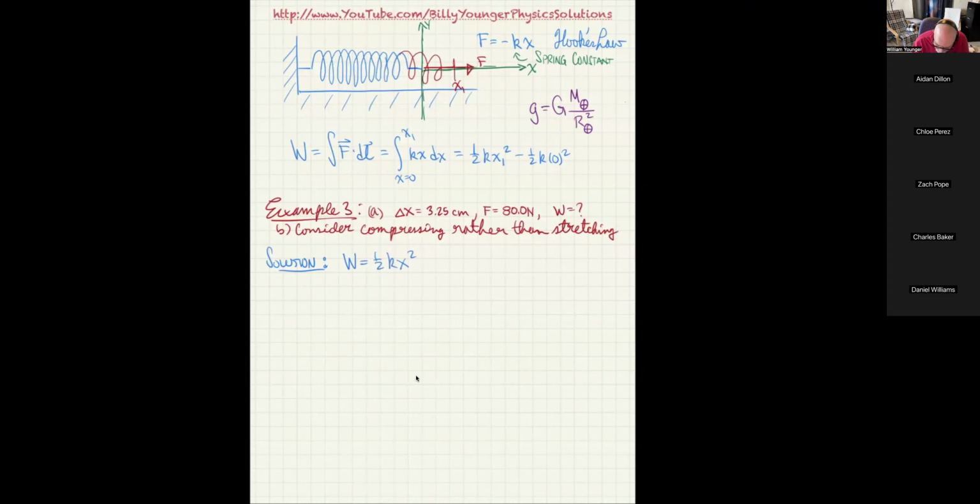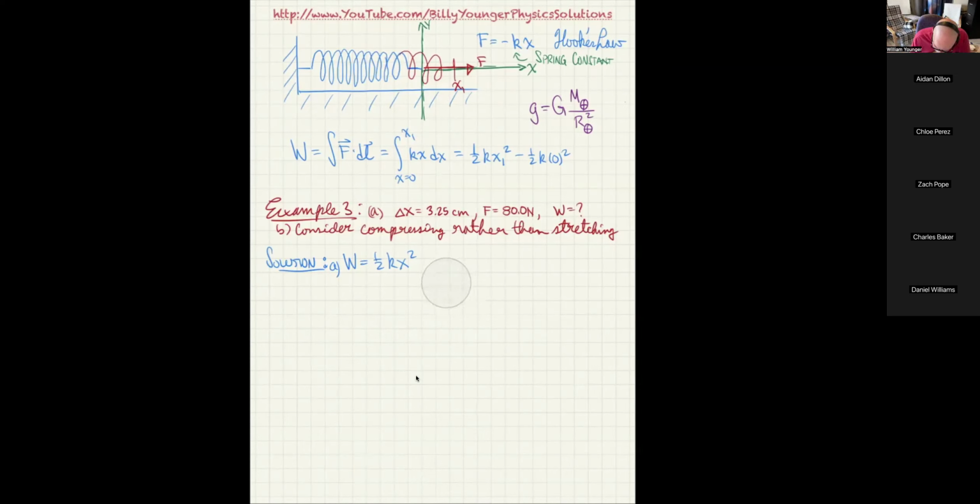If you imagine doing this integral from x equals 0 to x equals negative x1, you'd see that you get the same answer anyway. So we'll use that in part B. But right now for part A, we're going to make use of work being equal to 1/2 k x squared. We're also going to make use of F being 80 newtons.